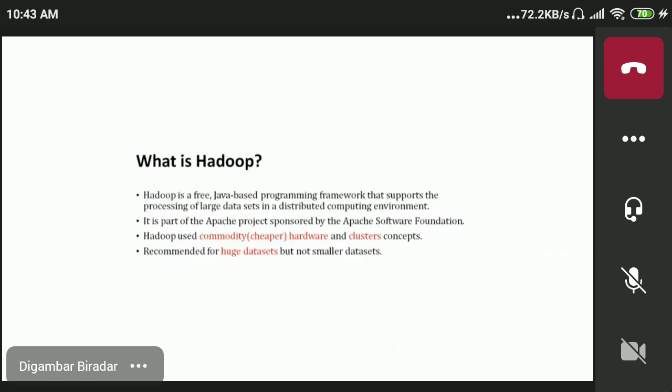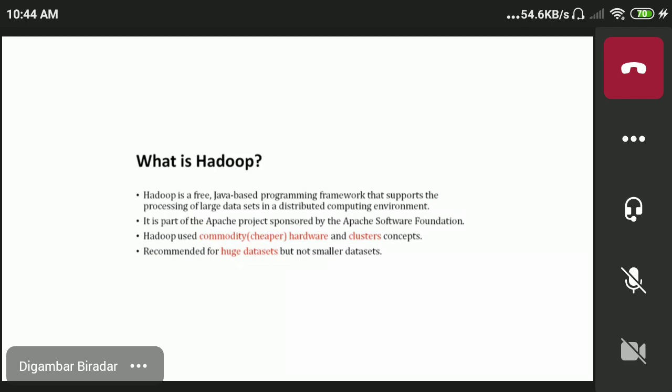Now, what is Hadoop? So to implement the big data technology or big data concept, they have developed Hadoop. Hadoop is developed as a Java-based programming framework that supports processing of large data sets in a distributed computing environment.